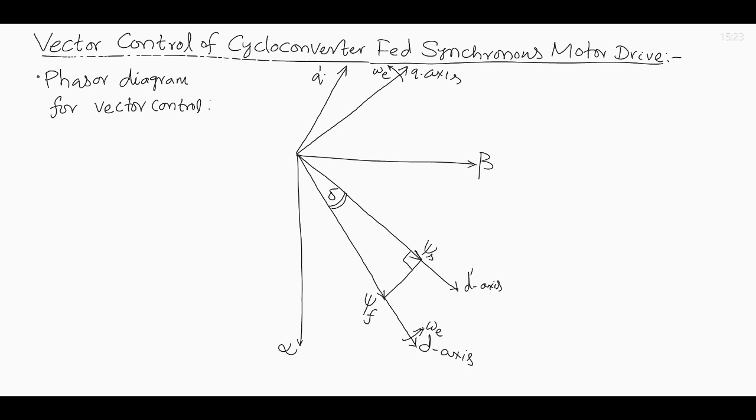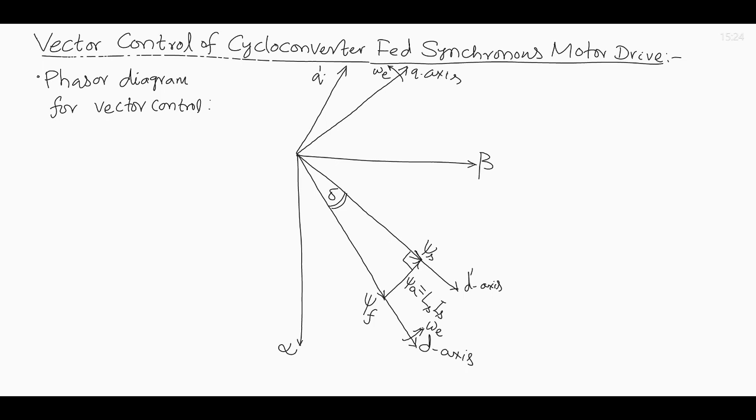Psi f plus psi a equals the stator flux linkage psi s, where psi a is the stator reaction flux, that is the stator self inductance Ls into the stator current Is.